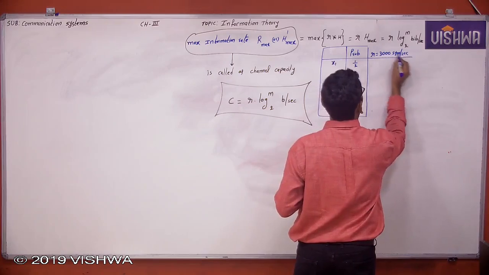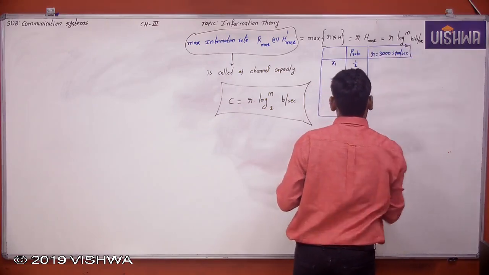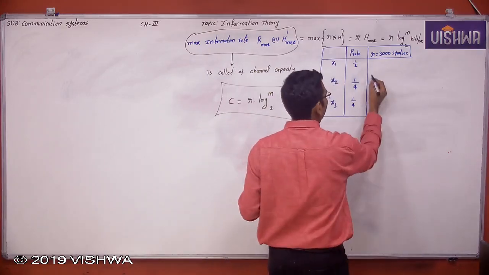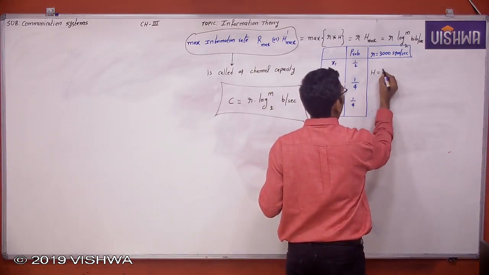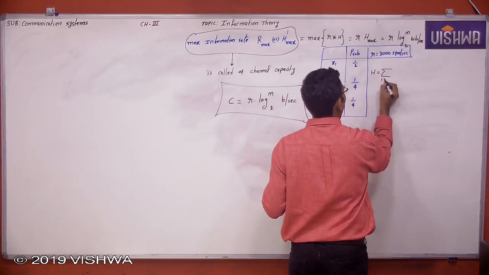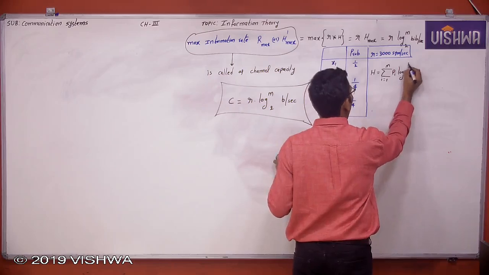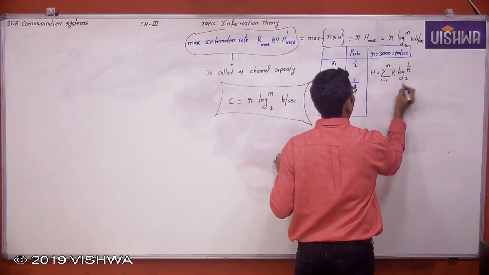This is the given information. Now first we will find the entropy. Entropy H is equal to summation i equal to 1 to m of pi log 1 by pi base 2.